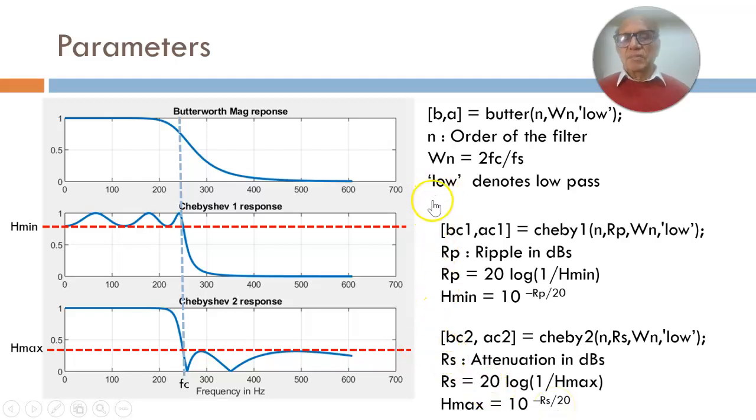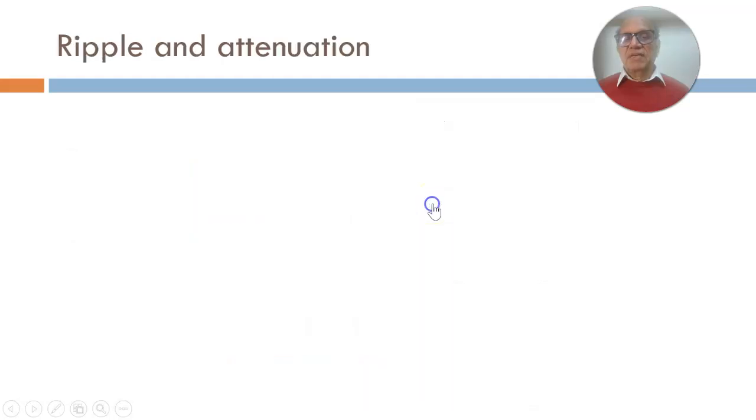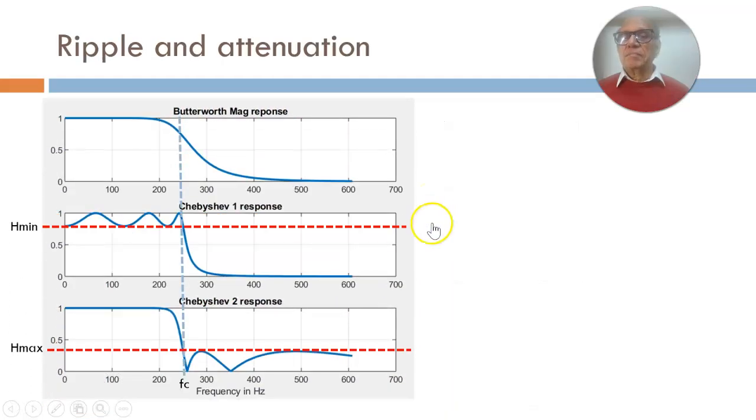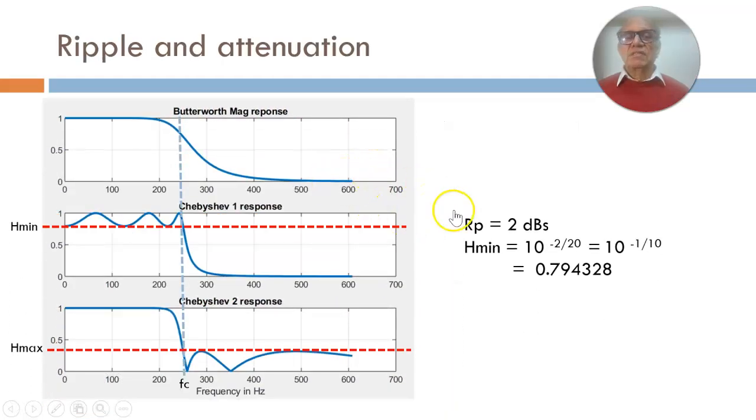So let us now look at specific calculations. For Butterworth, we are not talking because there is no ripple in the Butterworth. So if you take Rp equal to 2 dB, then if you calculate H minimum, it will turn out to be 0.79. So you can see this 0.5, this 1, and this H minimum turns out to be 0.79 for Rp equal to 2 dBs.